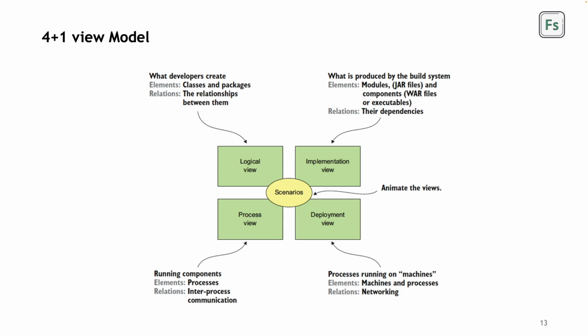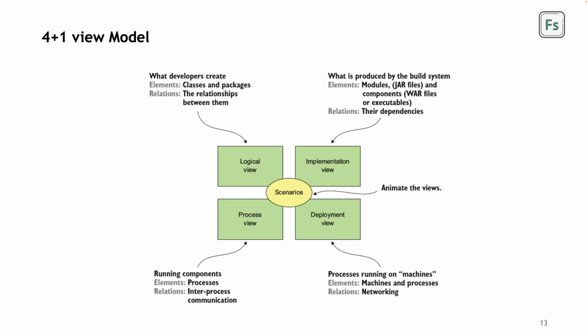So the logical view is about, from a developer's point of view, what the different classes and objects are, state machine diagrams, interaction diagrams, or sequence diagrams, how components talk to one another from a coding point of view.